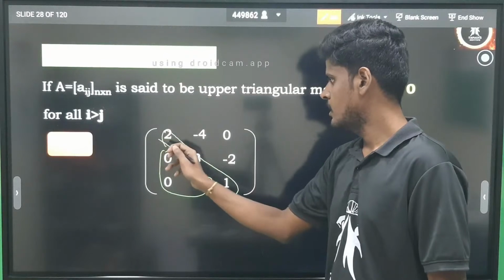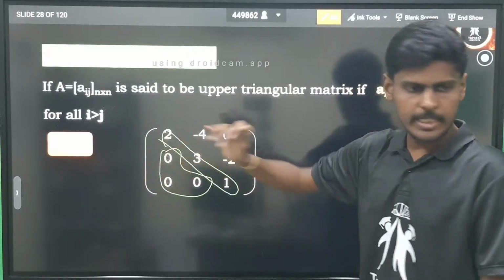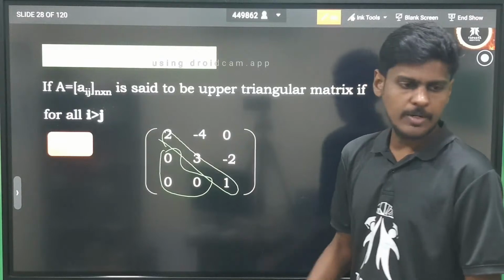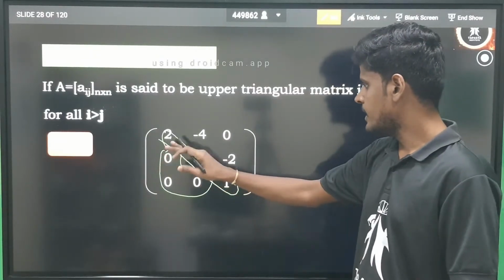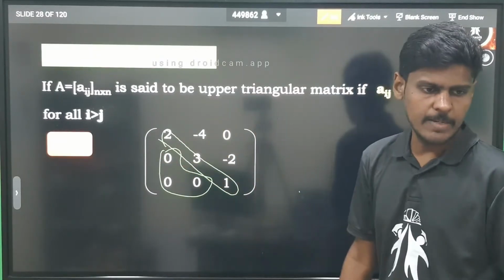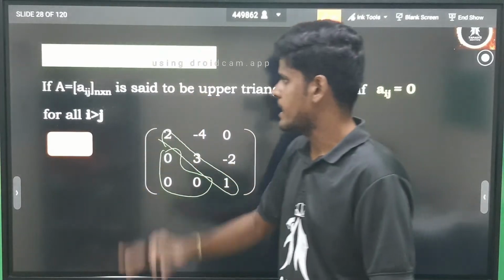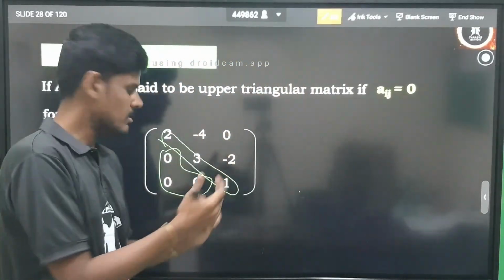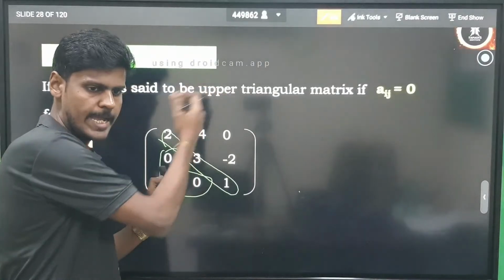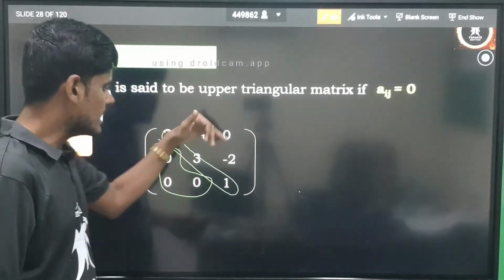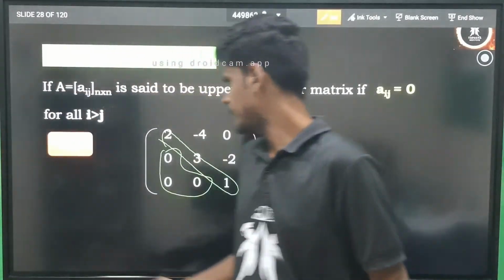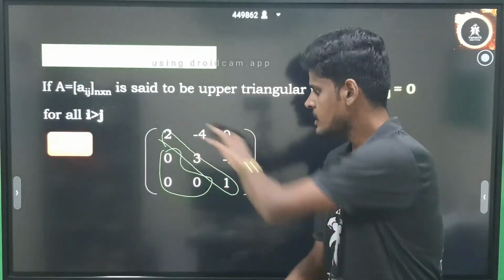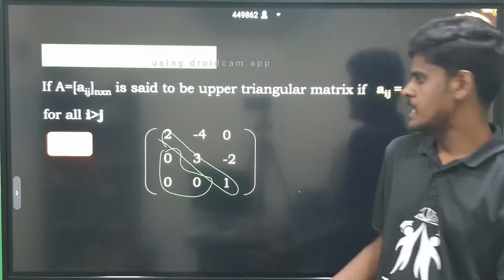Diagonal element. All the elements below the diagonal become 0. That means this is a triangular matrix. If all the elements above the diagonal become 0, that is also a triangular matrix. As long as either the area below or above the diagonal becomes 0, that is a triangular matrix. If both become 0, this becomes a diagonal matrix, obviously.